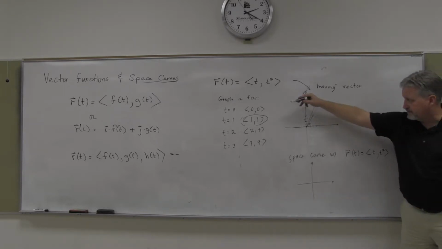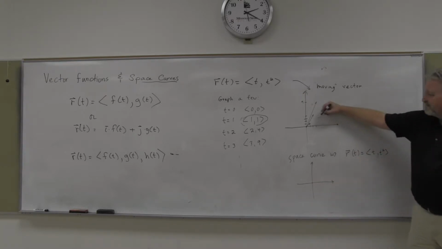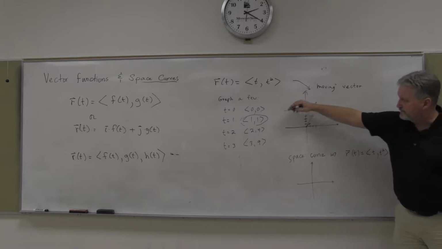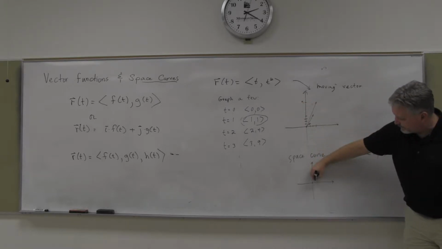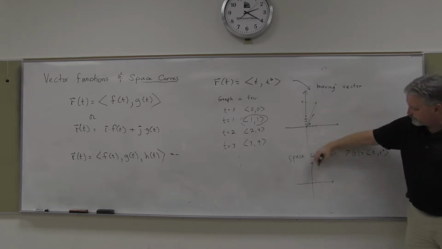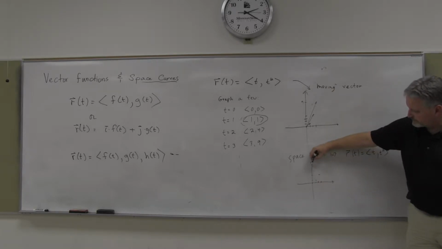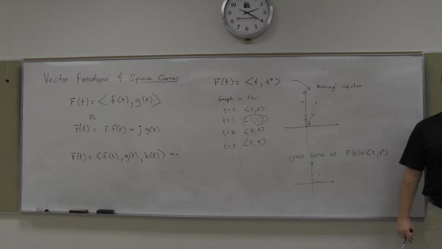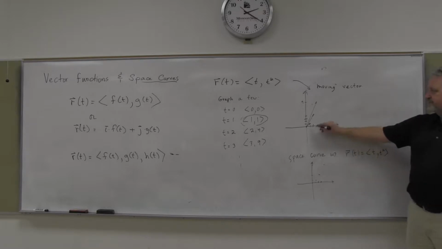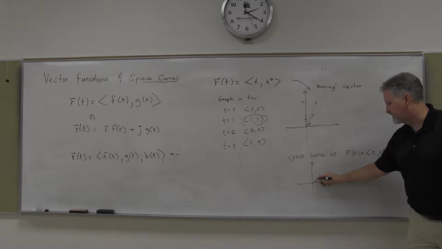At 0, 0, the initial and terminal points are the same. Then the t equals 1 point for this space curve would be the 1, 1 point, then the 2, 4 point for the next one, and 3, 9 for the next one. You get what I'm doing there? The point that goes along with the space curve is just the tip of the vector. So this one gives me this.